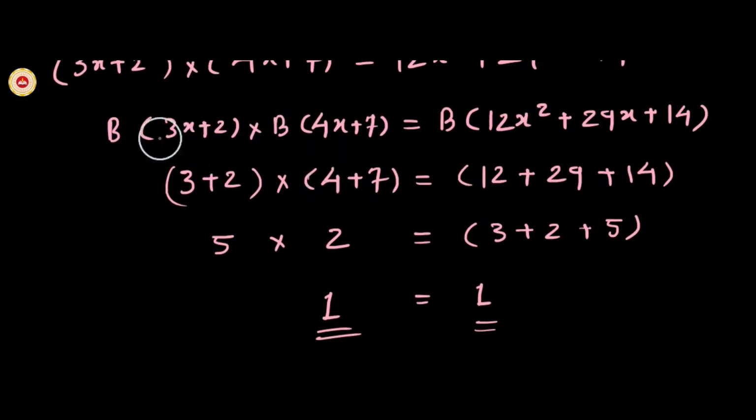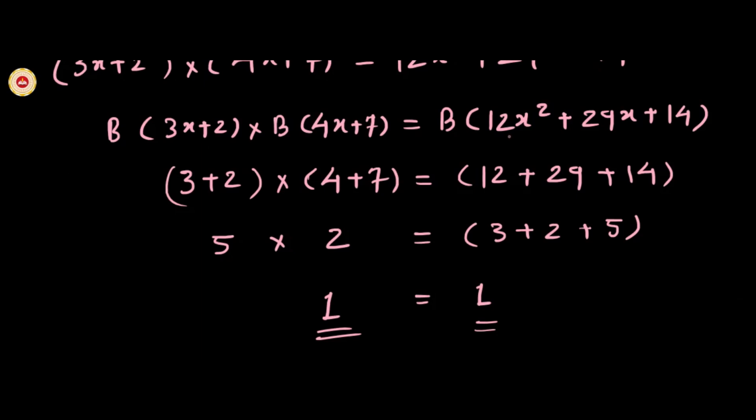See, calculate Bijanka of each polynomial, apply the same mathematical operation on these two Bijankas and tally that Bijanka with the Bijanka of the answer. If both sides are the same, then our answer is correct. And how to calculate Bijanka of a polynomial?